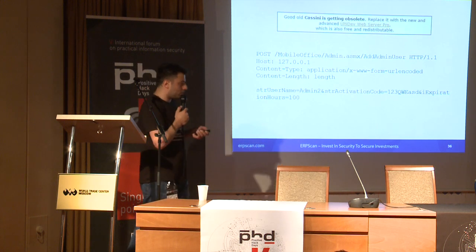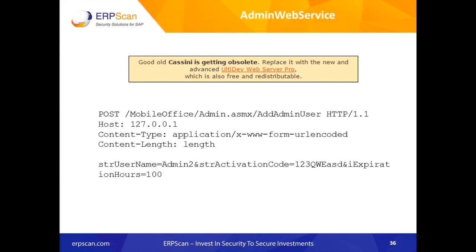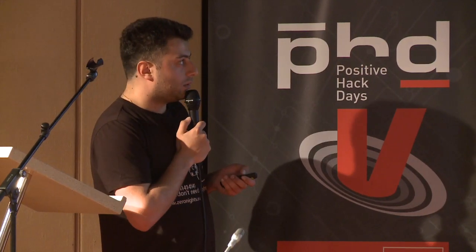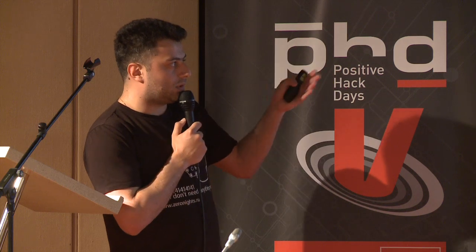The developers of Cassini warn, and I don't know why SAP uses it, that Cassini server 1.0 cannot be used because it is subject to these attacks and doesn't have any security modules built into it.